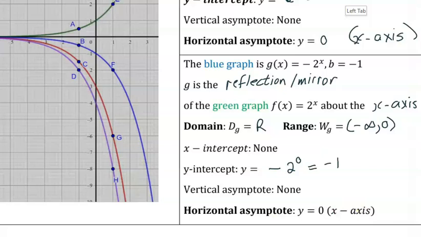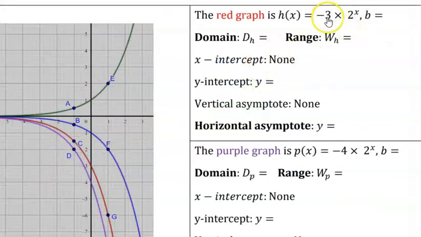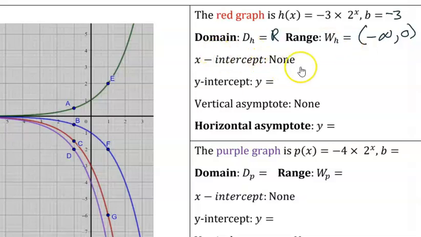or the line y equal to 0. We are still busy with negative b, so in this case b is -3. I have a domain of all real numbers and I have a range of -infinity up to 0. No x-intercept, and my y-intercept is at -3 times 2 to the 0, so that will be -3. And my horizontal asymptote is y equal to 0 or the x-axis.